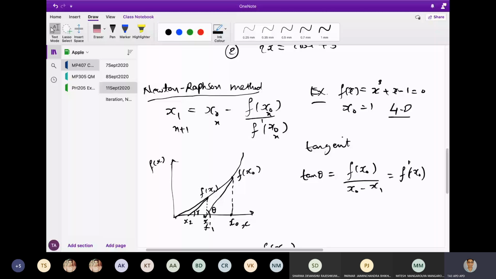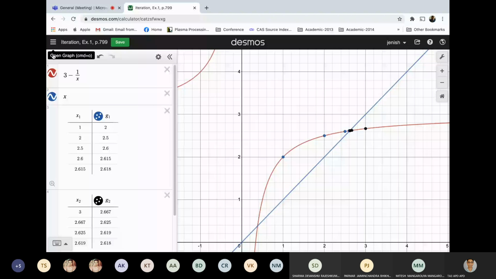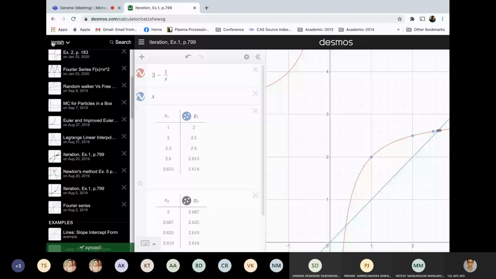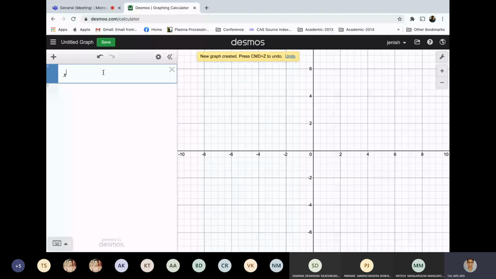So first of all, you just look at this problem and find out the answers. So one short way what I can do is to simply write x cube minus 1.